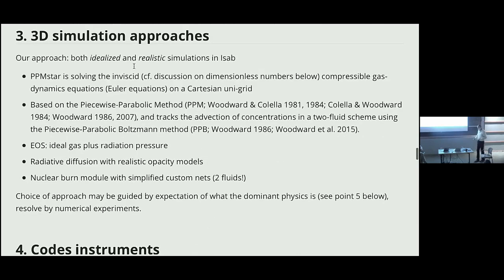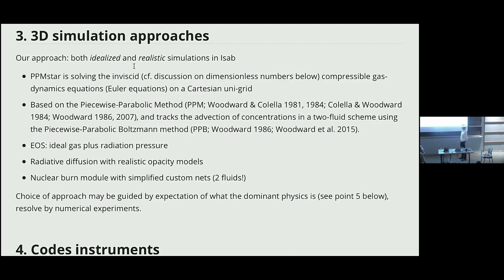The third topic is the 3D simulation approaches. In terms of Isabel's category, we do both idealized and maybe realistic or almost realistic simulations. So we use the PPM star code that Paul has been developing over quite some time.